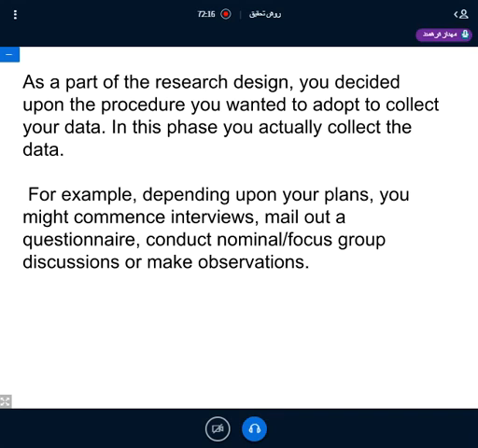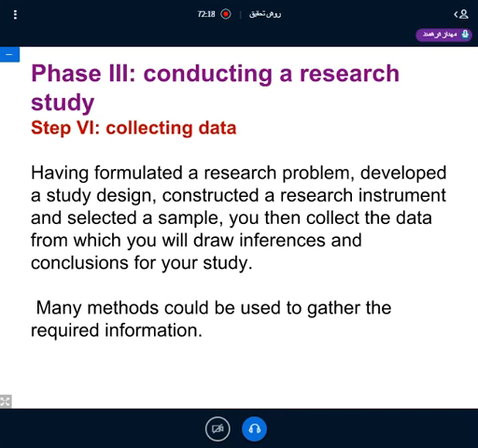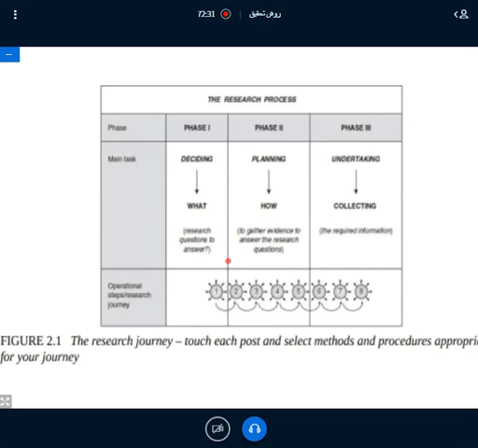Okay, we are going to this slide another time. You can see here in phase 1, the deciding.